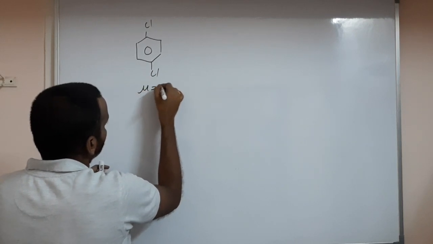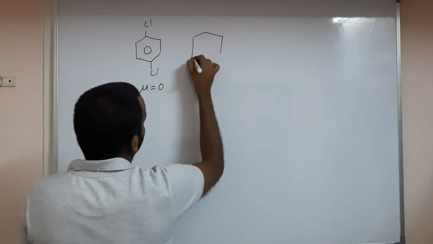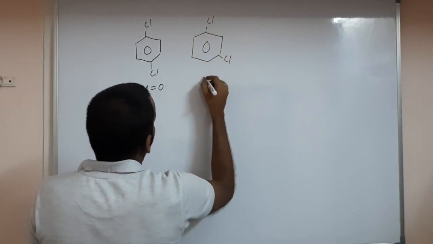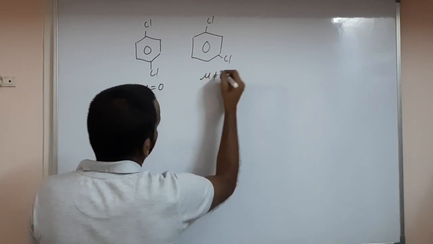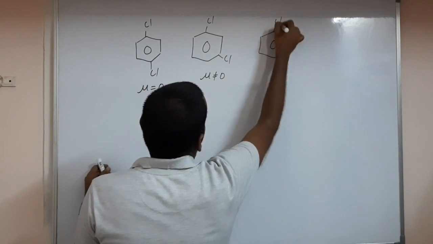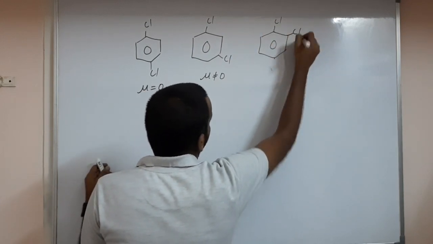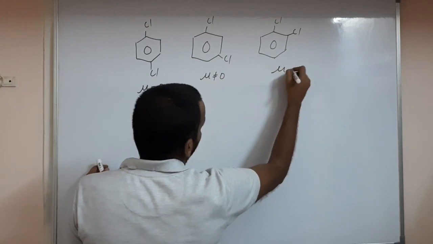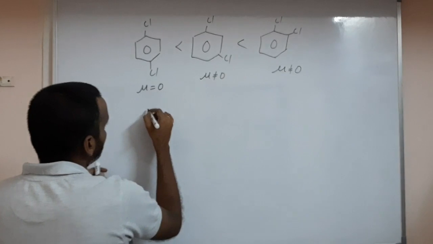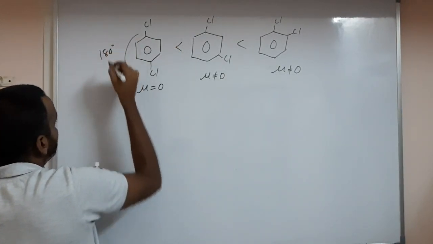So this kind of examples you also have in your notes, like chlorine and chlorine, where your dipole moment will be 0. And here, if you see Cl and Cl, dipole moment is not equal to 0. And at the ortho position also, dipole moment is not equal to 0. So this is the order of dipole moment. How can you say from the bond angle, 180 degrees?